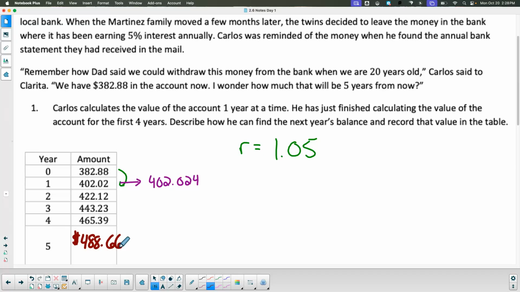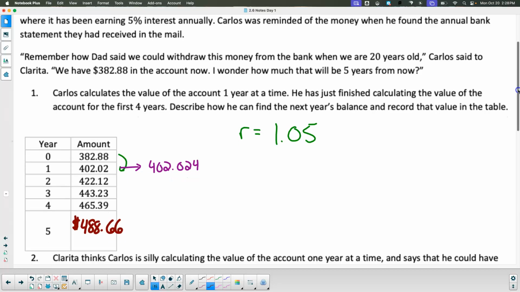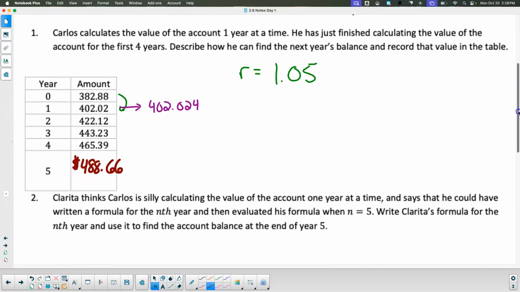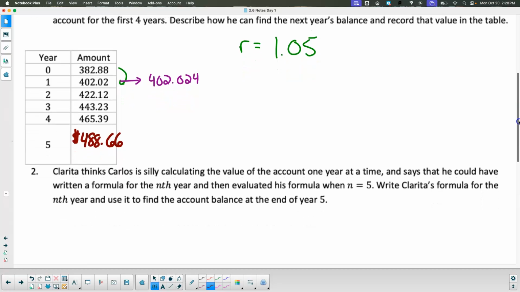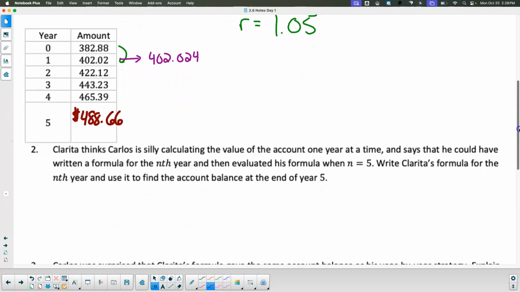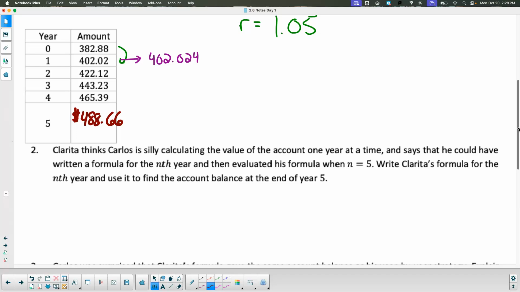Clarita says, why are you doing so much work? Really, I'm paraphrasing here now. She says she can come up with an equation like we've been doing all year, an equation that we can use for any year, plugging in that year's value.